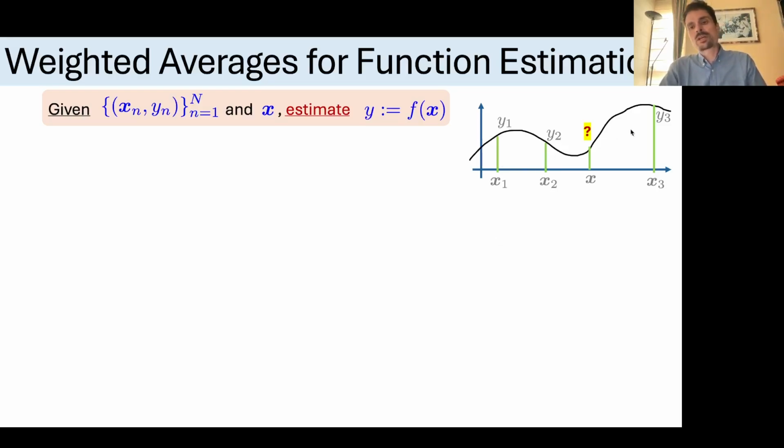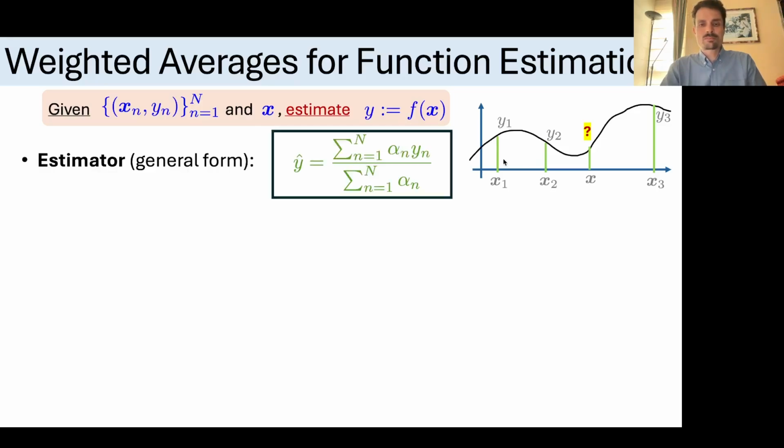Suppose that we are given some observations and we need to estimate the value of the function at this point. How can we proceed, right? So one very simple approach would be to just take a weighted average of the observations, right?